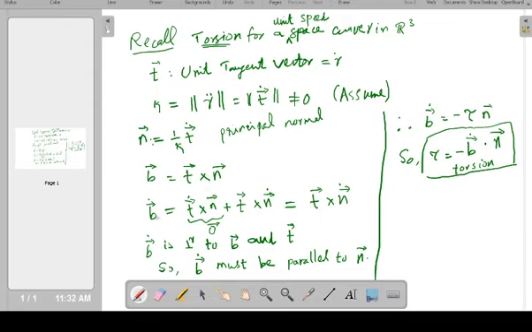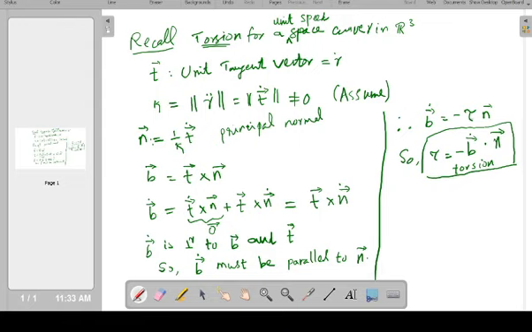Since b is a unit vector, b dot is perpendicular to b. So b dot is a vector perpendicular to both b and t. But you are in R3, so there is only one direction left, which is the direction of n. So b dot must be a vector parallel to n.